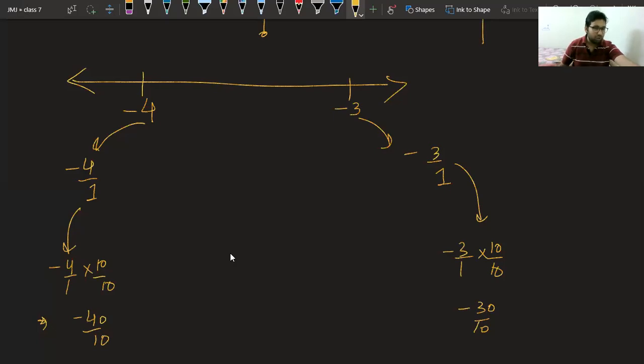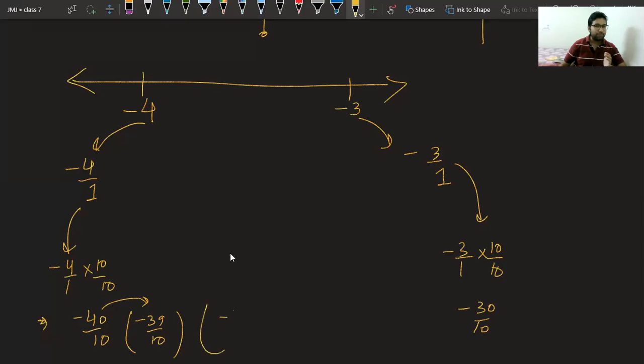Now tell me, class, what is the next number in the series? Don't confuse. Those who are thinking it is minus 41 by 10 are wrong. You need to understand these are negative numbers, and they work in the reverse way. So the next, larger number is minus 39 upon 10.